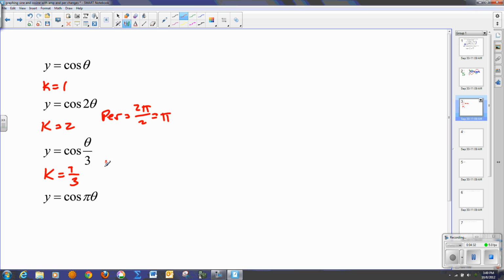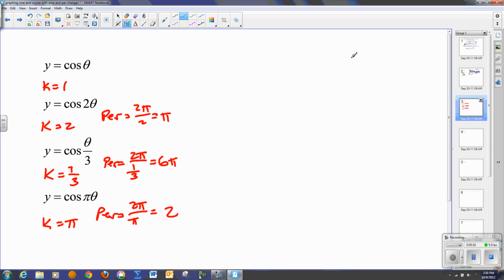So therefore, my period is 2 pi over 1/3, or 6 pi. And in the last case, my k value is pi, and my period is 2 pi over pi, or 2.